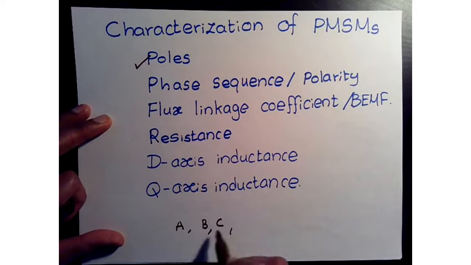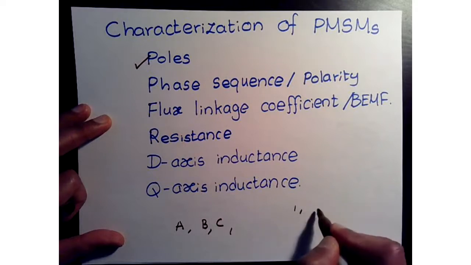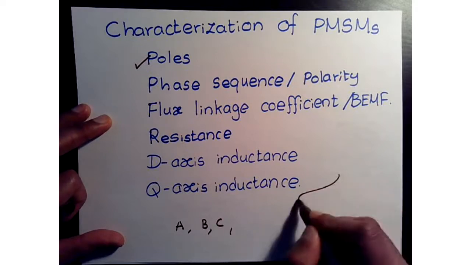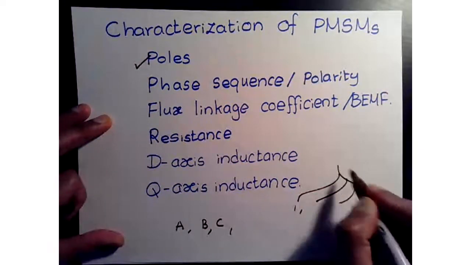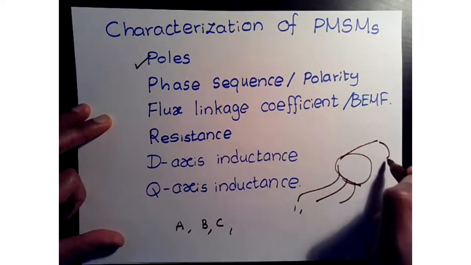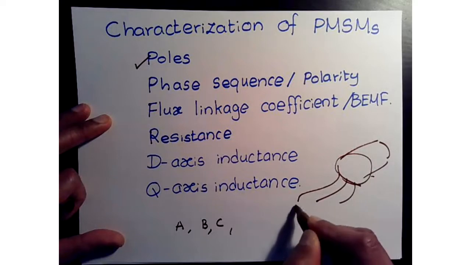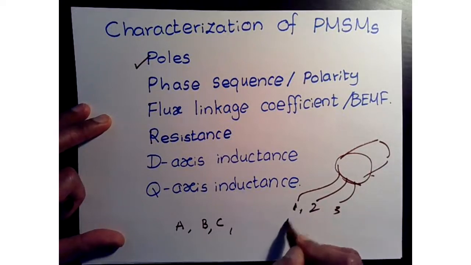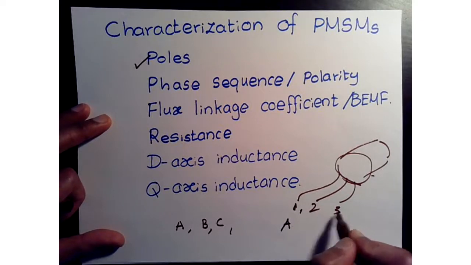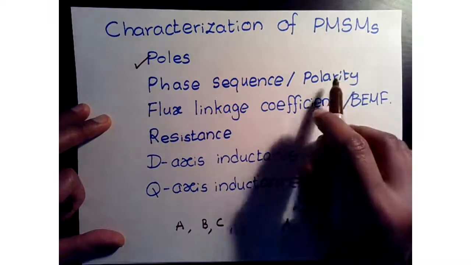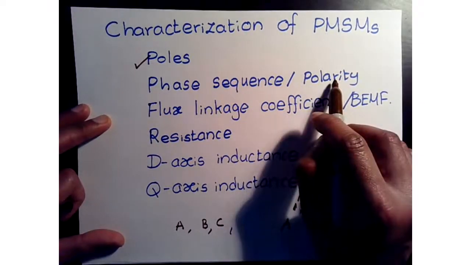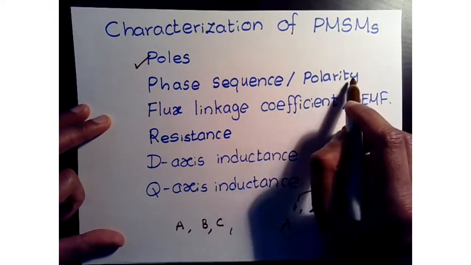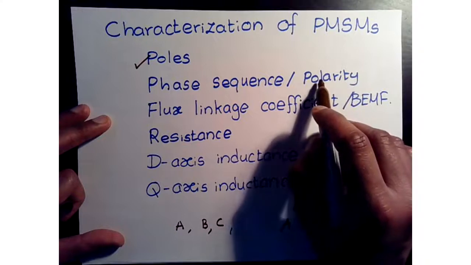So let's say we have labeled the windings or the three phases, right? So we have a motor here, and we are numbering them 1, 2, 3, right? So we can choose one to be A. Depending on which one is B, we define the motor clockwise to be positive or counterclockwise to be negative.